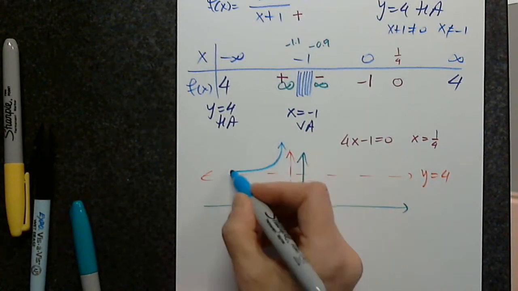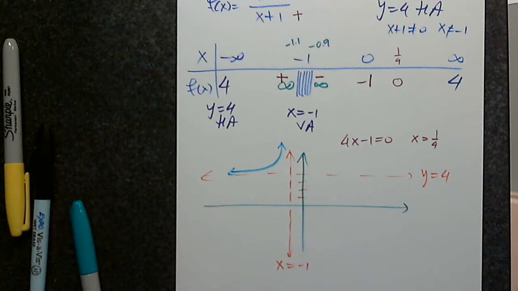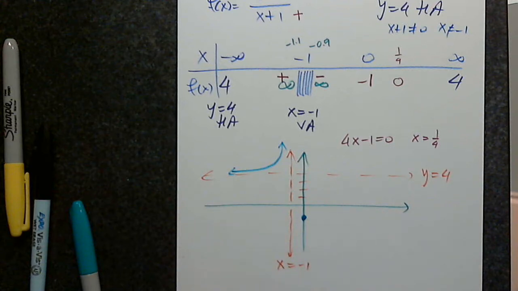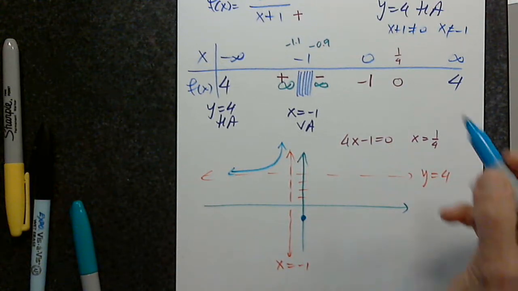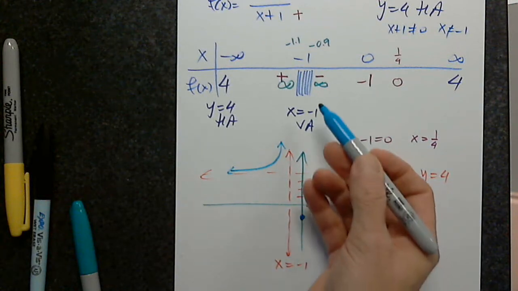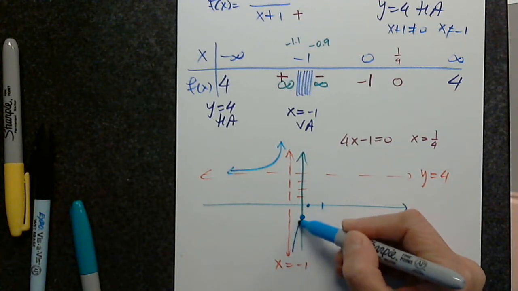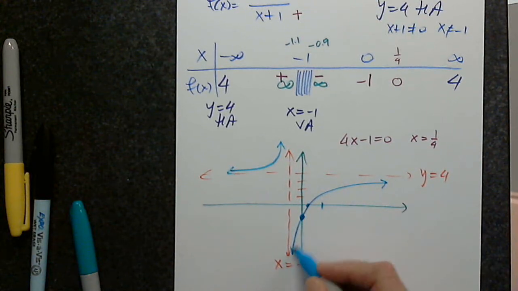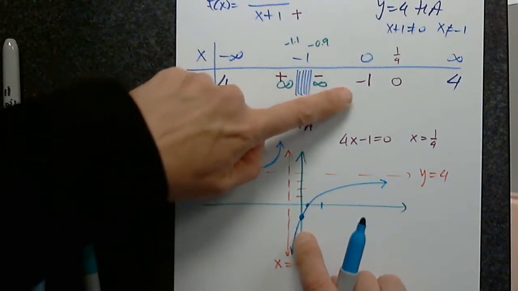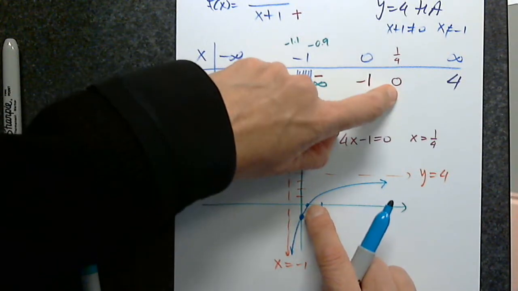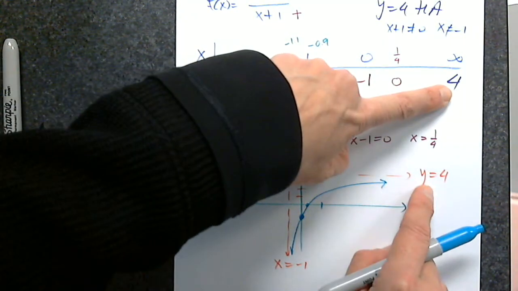Nice. 0, negative 1 is here. Oh, that doesn't matter. So 1/4, kind of here. From negative infinity, crossing the y-axis, crossing the x-axis, approaching 4.